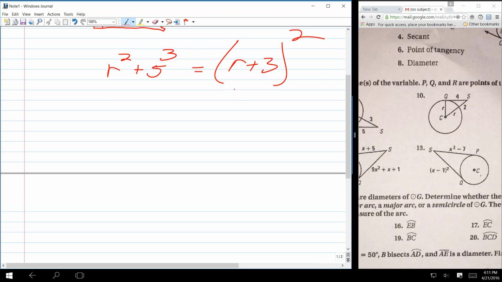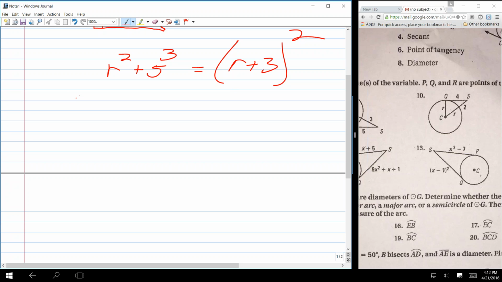Get rid of parentheses. If you are ever in doubt as to how to solve an algebraic equation, 2 excellent starting spots are get rid of denominators, get rid of parentheses, get rid of exponents if you can. Well, I can get rid of these 2 parentheses and that exponent by merely doing that operation.